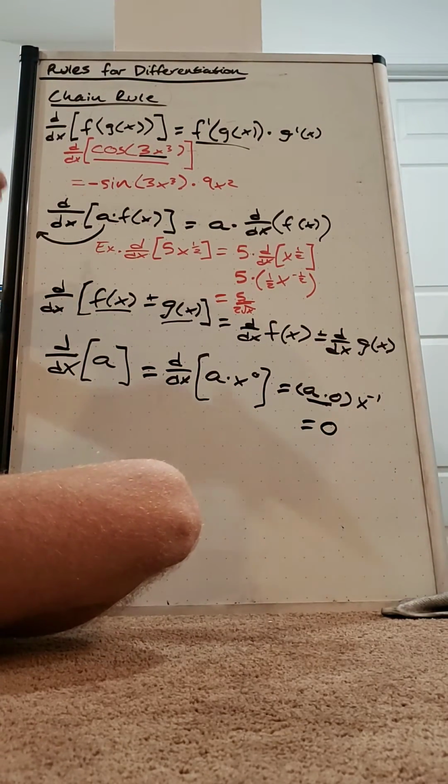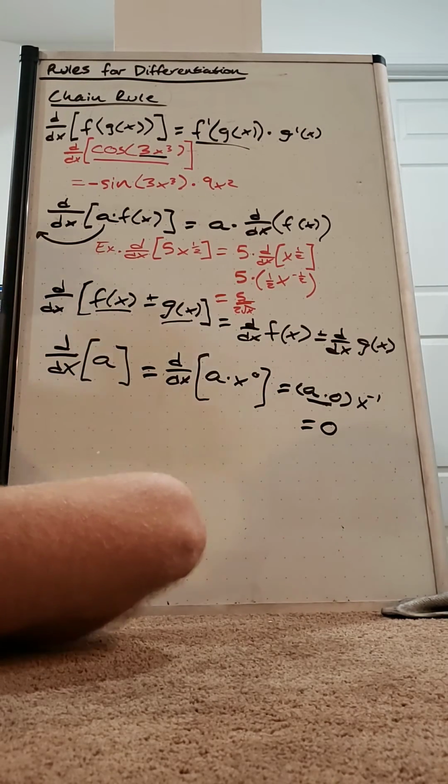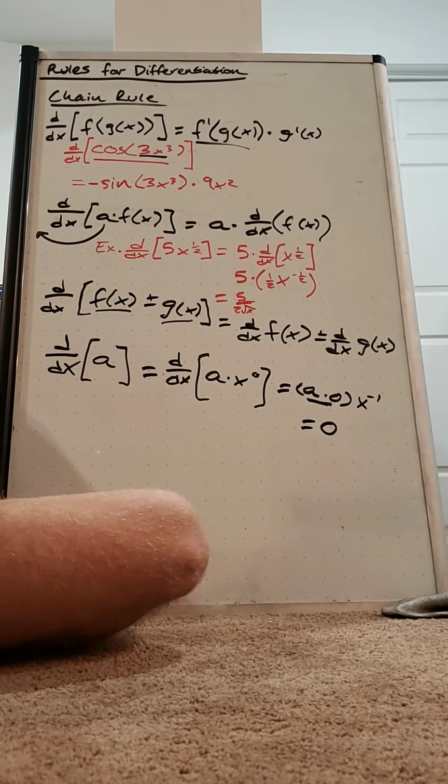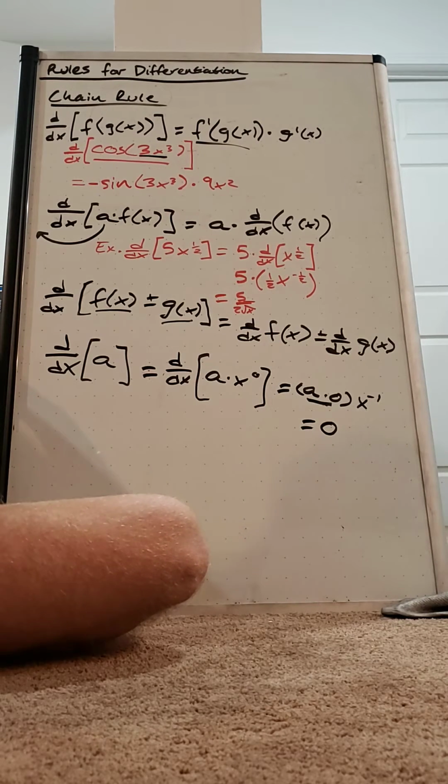So that's the power rule, the product rule, the quotient rule, chain rule, and then some basic things you should know about differentiation. And next time we can probably get into the intermediate value theorem and maybe exponential differentiation and logarithmic differentiation.